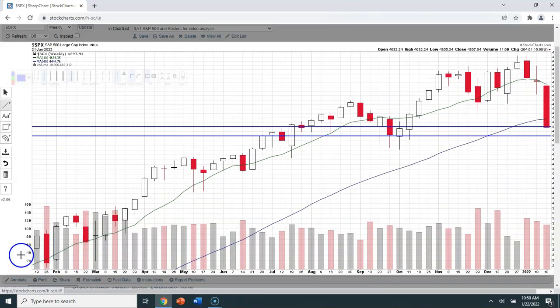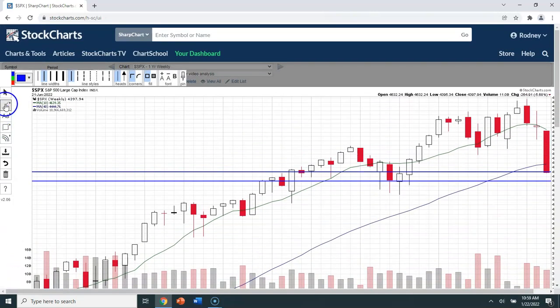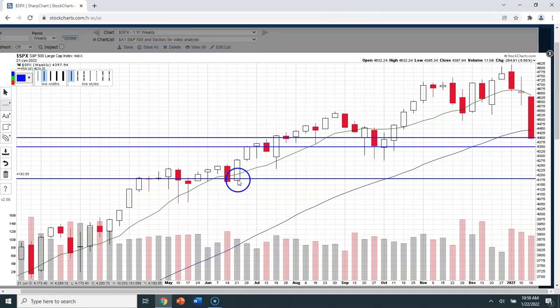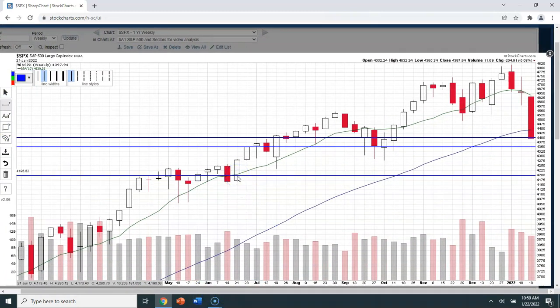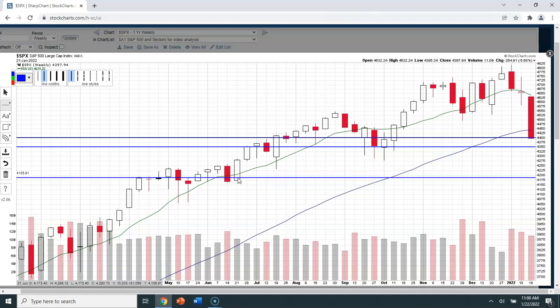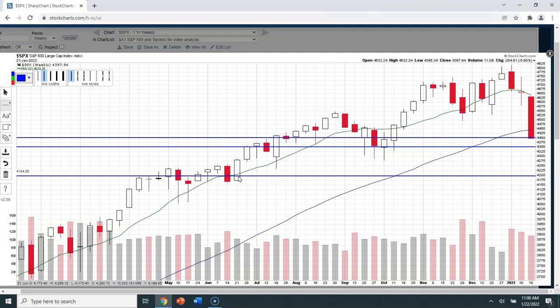The next logical support area where we do see quite a bit of trading is going to be around 4,200. And that's right in here or slightly below. So, 4175, as you can see here, I've got the line kind of right there. And let's put this line at 4200 to give us something to work with.